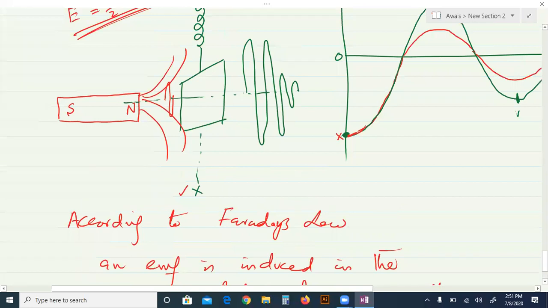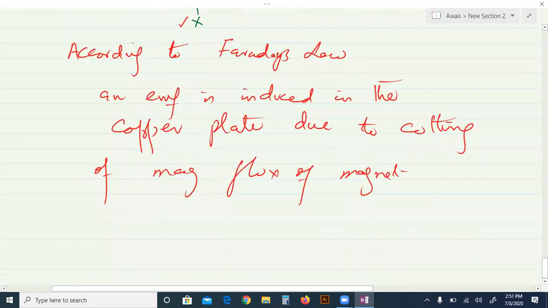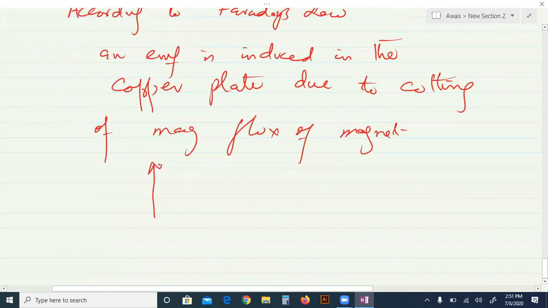Now this EMF has two polarities, one due to upward motion, the other due to downward motion. If the plate is moving up, a positive EMF is induced. When it's moving down, a negative EMF is induced. It means the polarity of the EMF is changing.